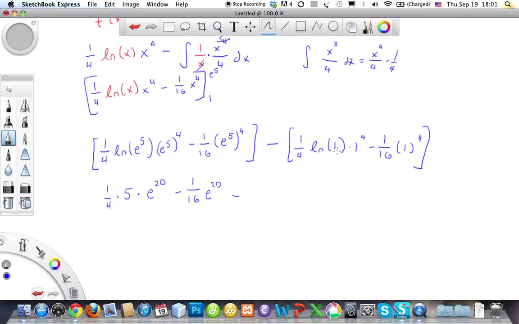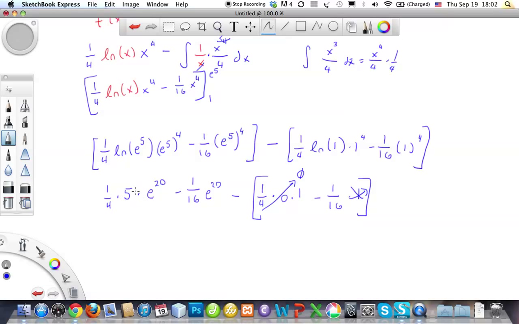The natural log of 1 is 0, so all that zeros out. Minus, remember, the negative distributes, minus 1 over 16 times 1.